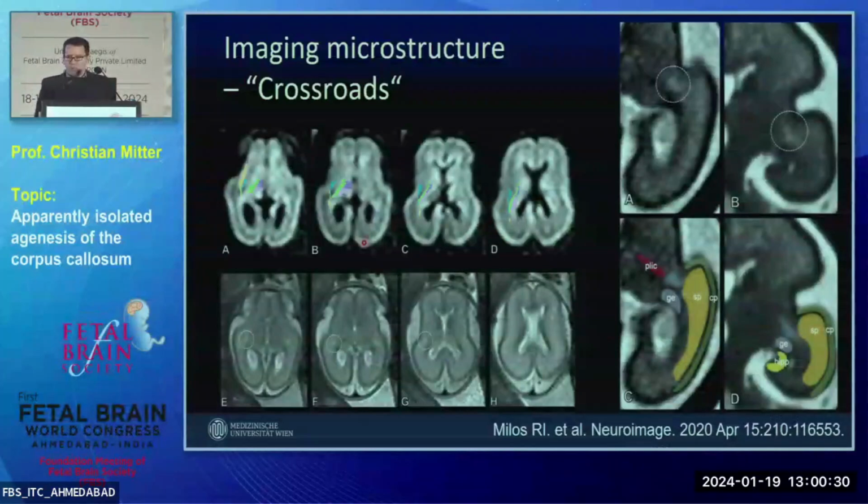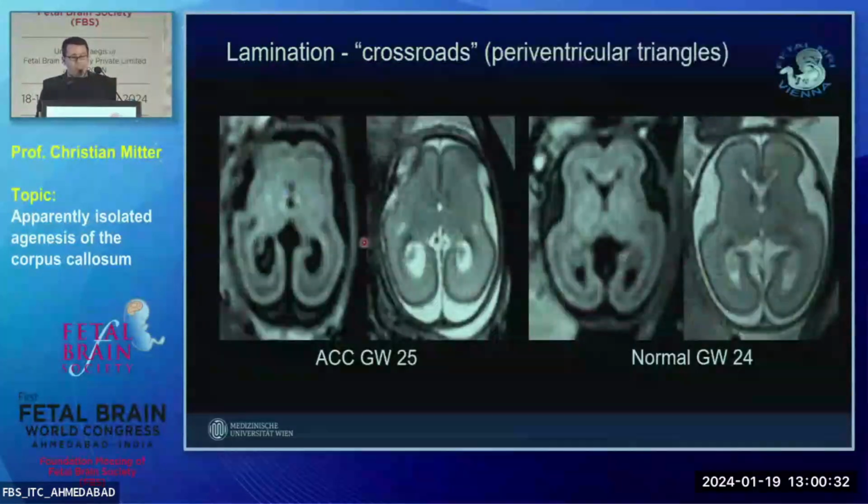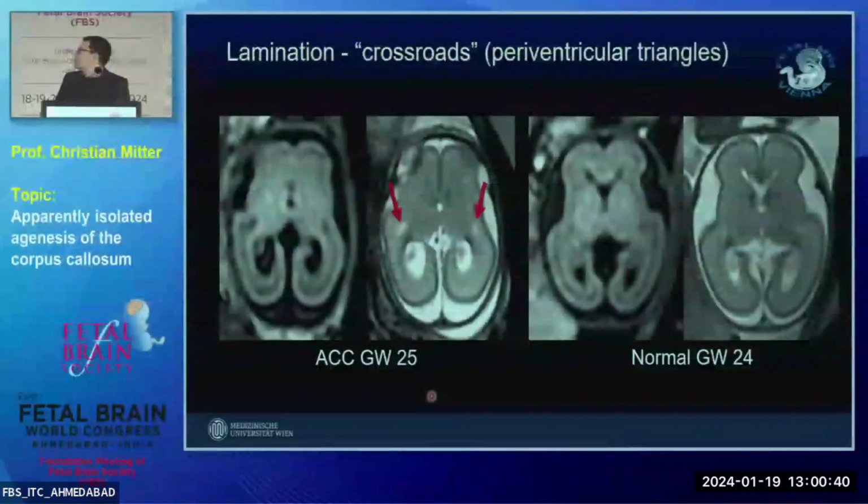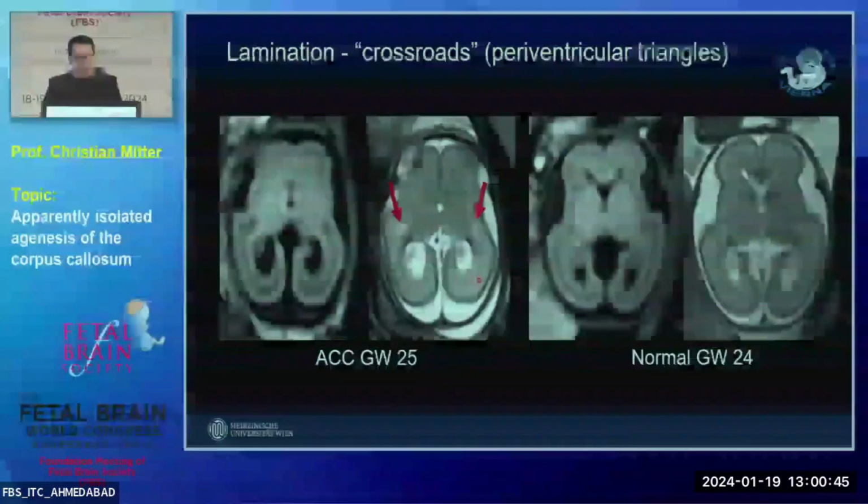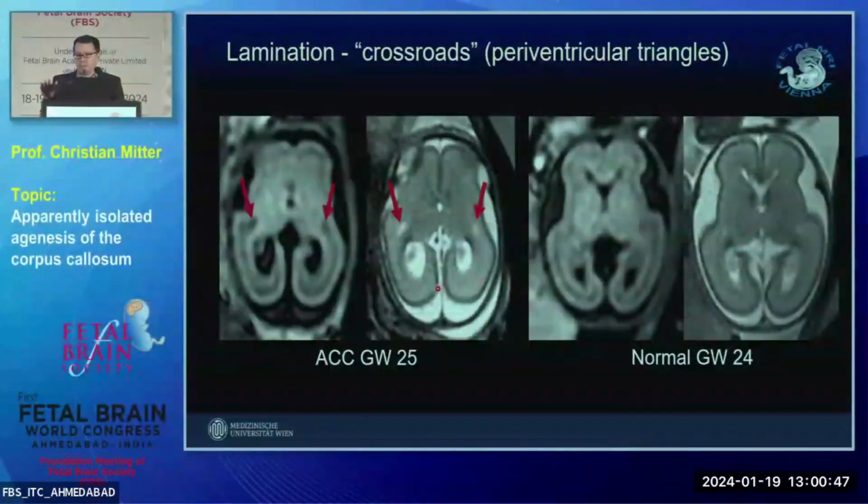You judge it not on tractography, but you look at the signal intensity. If you look here in this ACC case on the left, you see here the triangle region, a very prominent hyperintense signal on the T2 weighted image, and a pronounced suppression on the FLAIR images. Now, also in the normal brain, you can see the triangles in the second trimester to some degree, as you see here in this brain.